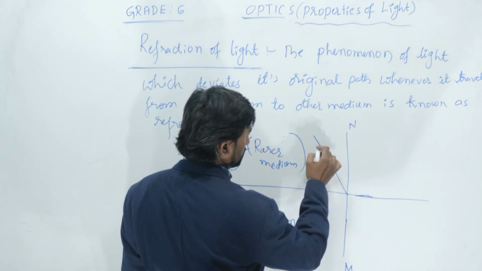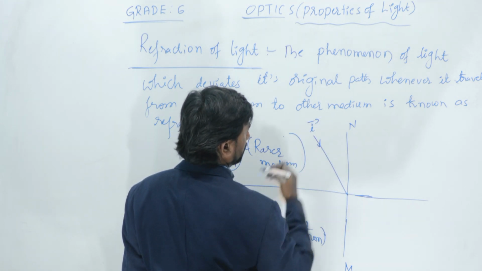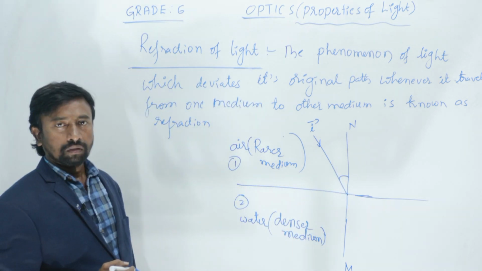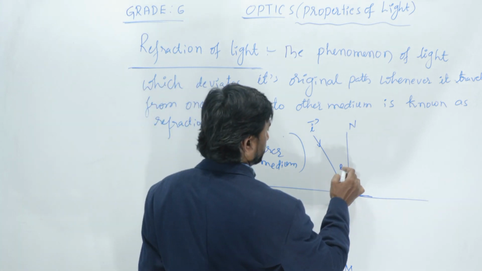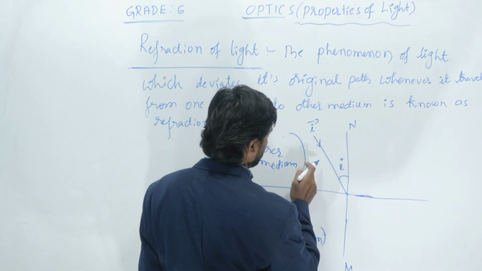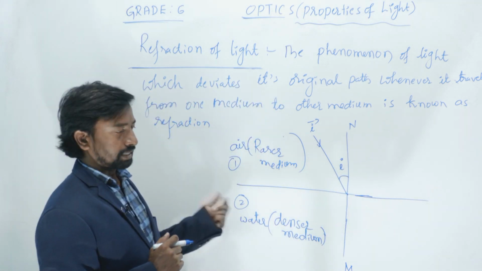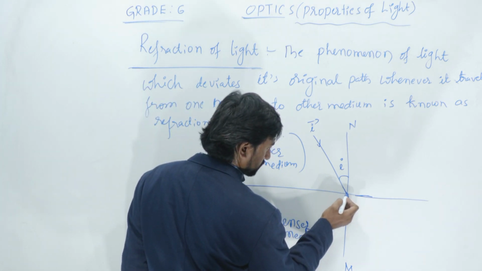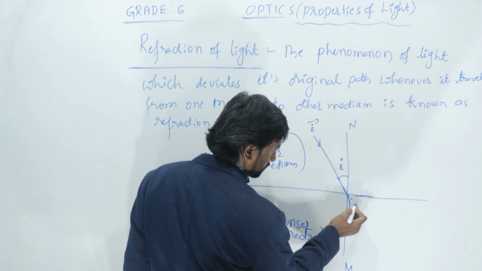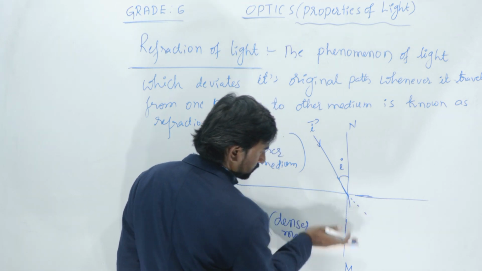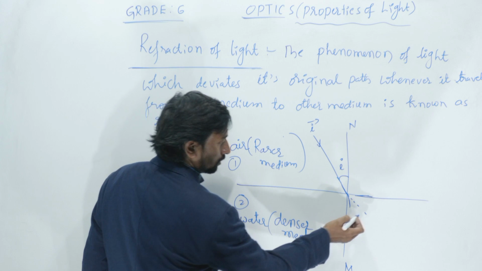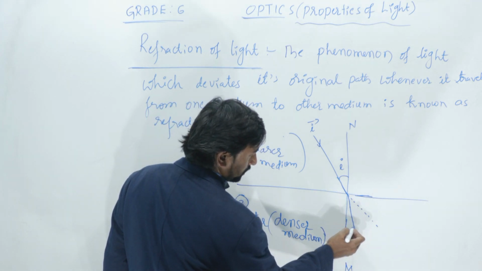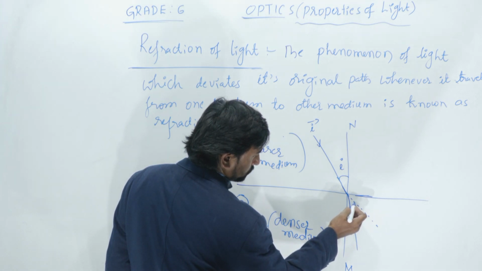Here this is the incident ray, and the angle between the normal and the incident ray is the angle of incidence, i. It goes from the rarer medium to the denser medium, from the first medium to the second medium, so it bends towards the normal. It travels like this. Actually, if the same medium were there, the path of the light would be like this. But because of this change in medium, it deviates from its original path.